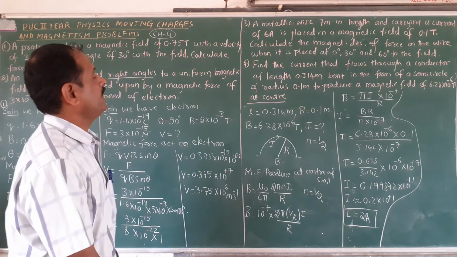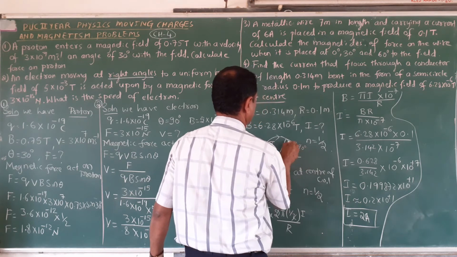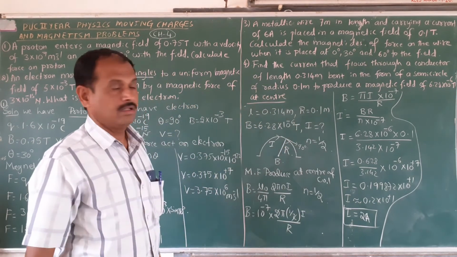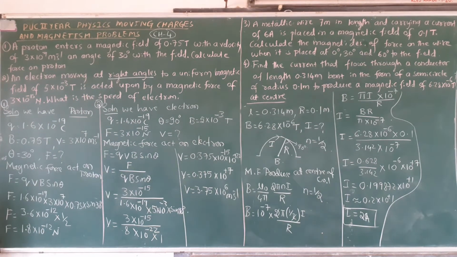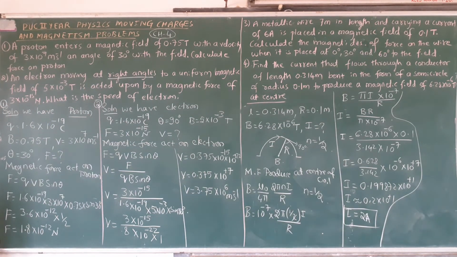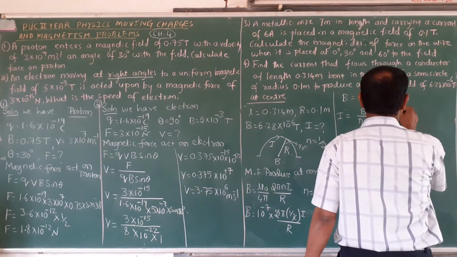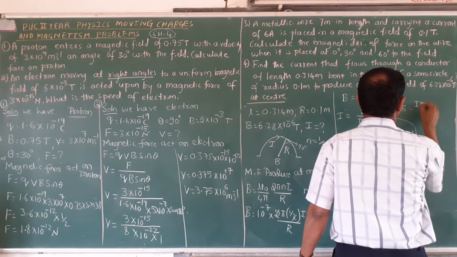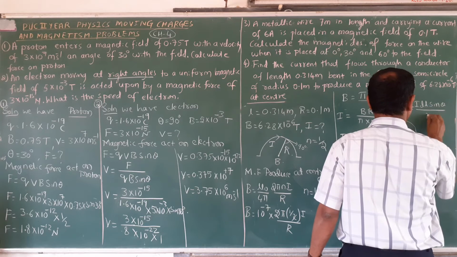At that time you take 90 degree. What formula? By using the Biot-Savart law. That formula is used here. By using the Biot-Savart law, dB is equal to I dl sin theta divided by r square.